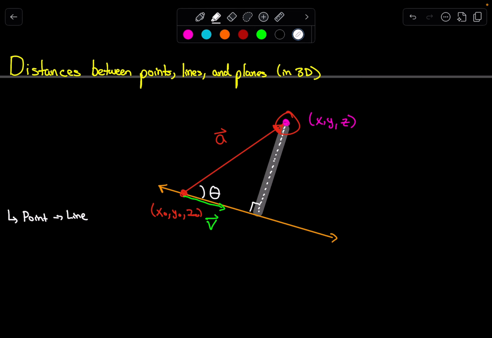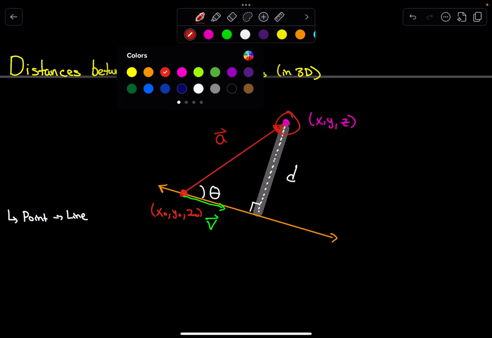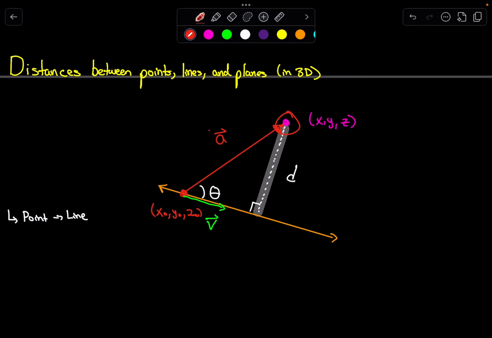If I call this side D for distance, and the red side is going to be the magnitude of A, we could set up a trig equation, right? What trig equation involves the opposite side and the hypotenuse? Well, that's going to be sine of theta.